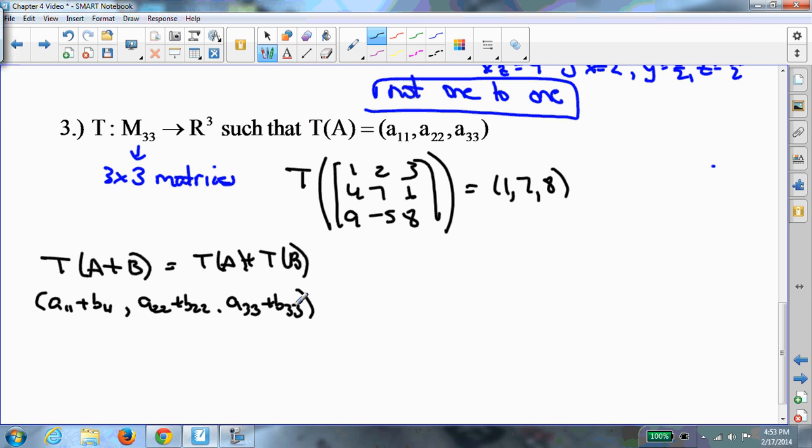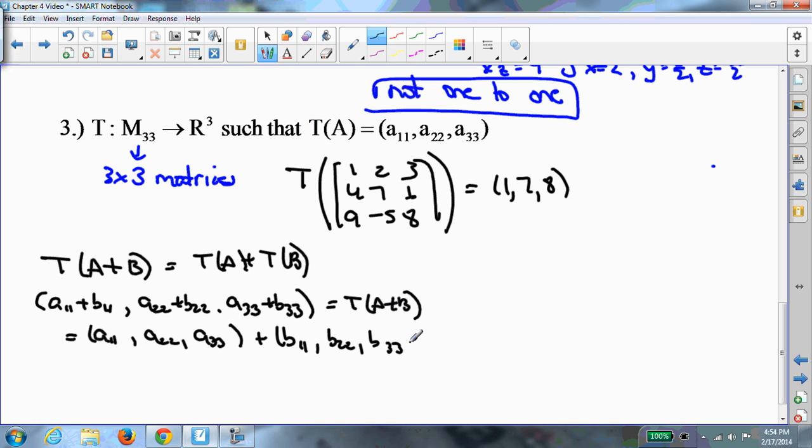So that's T of A plus B. But this is equal to a11, a22, a33, plus b11, b22, b33, which is equal to T of A plus T of B.